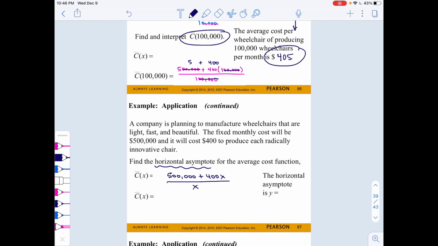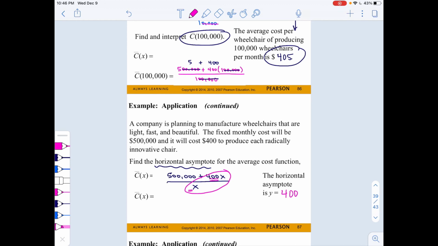Take a look at the powers of x. What are they? Well, they're the same, aren't they? So I have the same power, which means we're going to have a horizontal asymptote at 400 divided by 1, which is going to be 400.